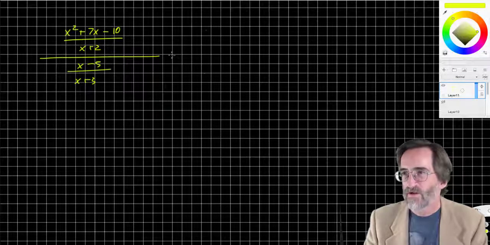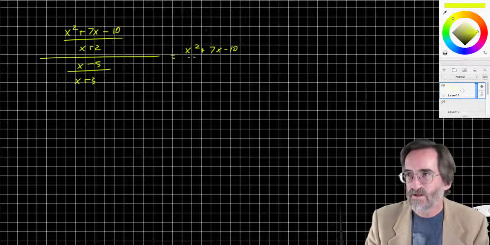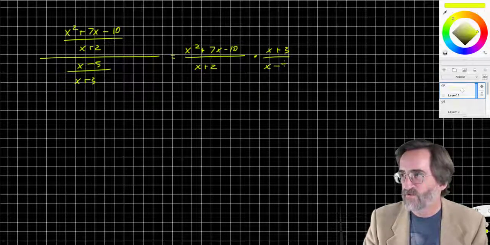Okay, complex fraction, so we invert and multiply, right? X squared plus 7x minus 10 over x plus 2 times, invert the denominator, x plus 3 over x minus 5.